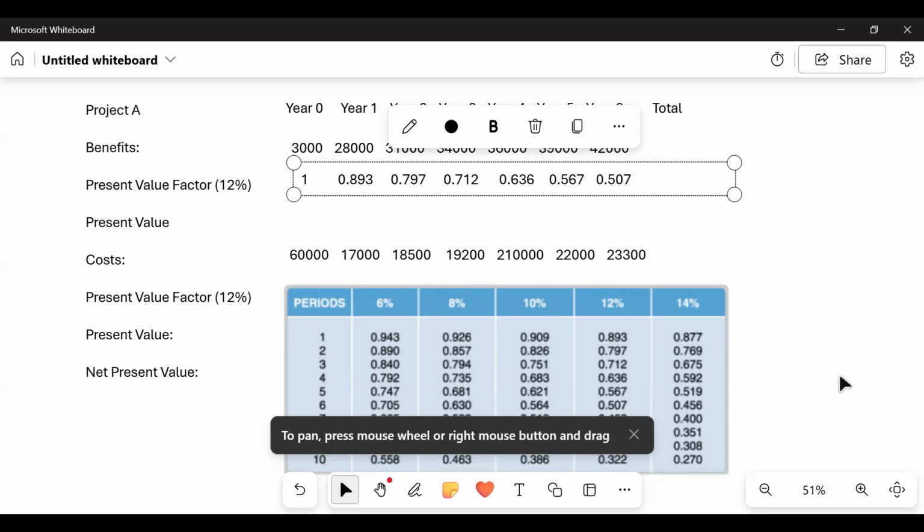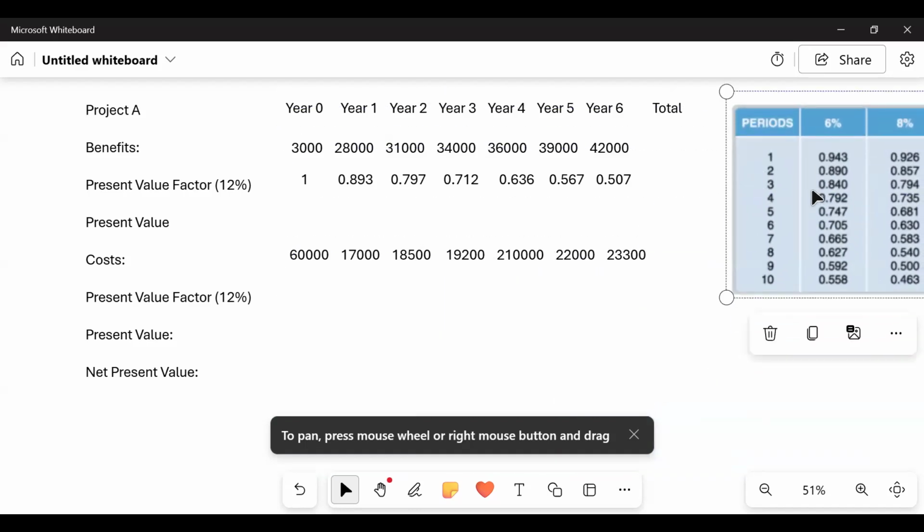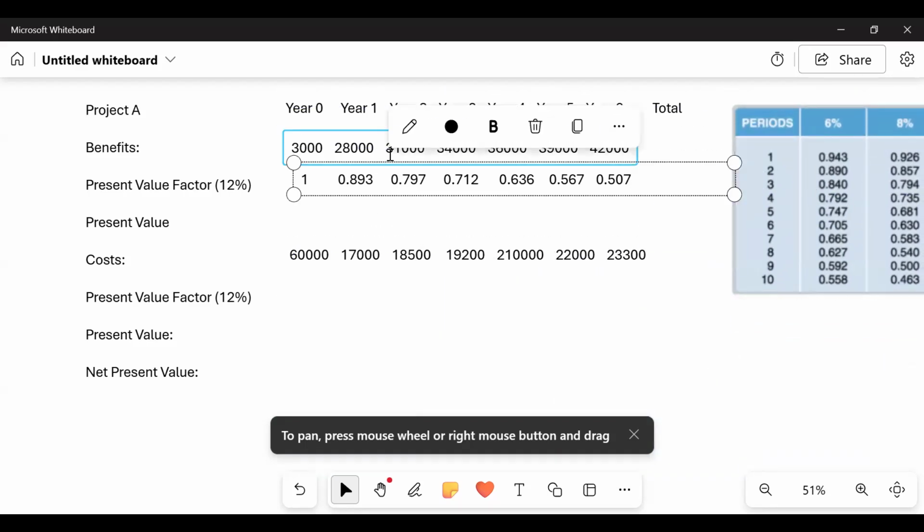So those are the values we need. So I put them up here, and the same values I can have here as well. So let me take a copy.